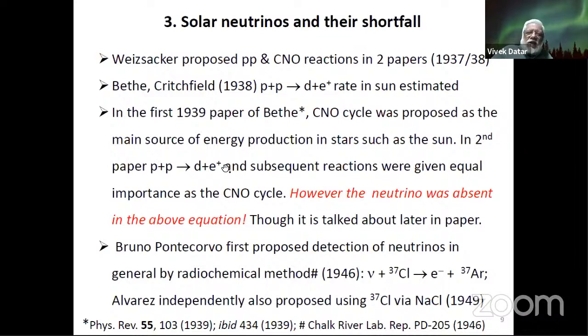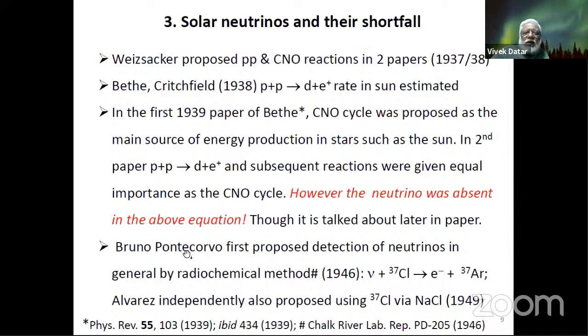So he didn't put it there. But he must have been aware that this violates conservation of angular momentum. Also, at that time, I don't know whether electron number conservation was known, but in any case, angular momentum conservation is not obeyed in this. So he somehow just did not put it.